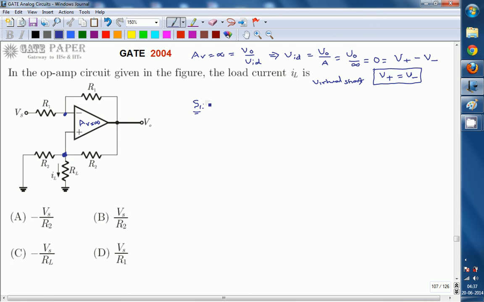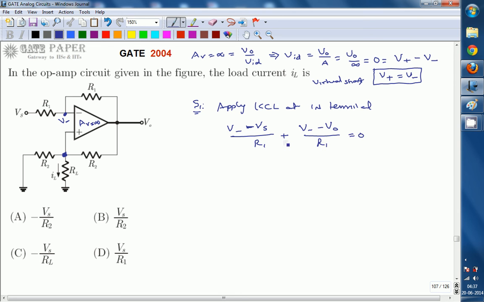Step 1: apply KCL at the inverting terminal. The voltage at the inverting terminal we take as V minus. So we can write (V minus minus Vs) divided by R1 plus (V minus minus V0) divided by R1 is equal to 0.